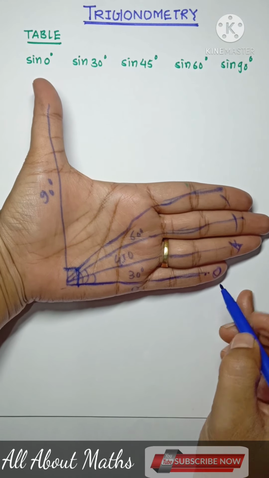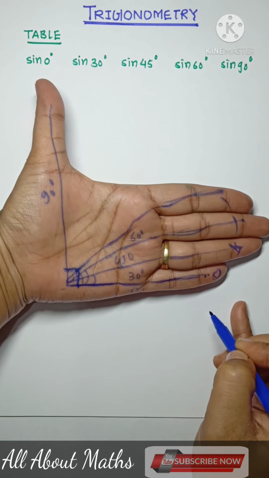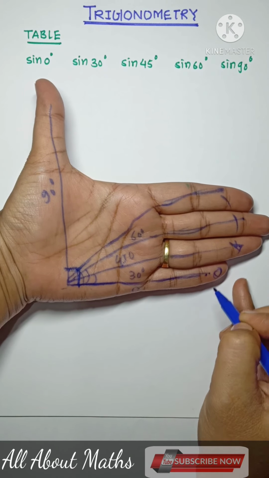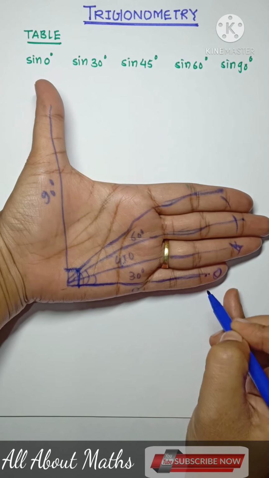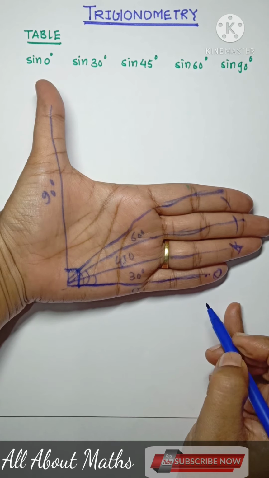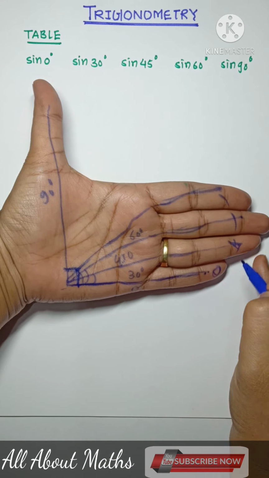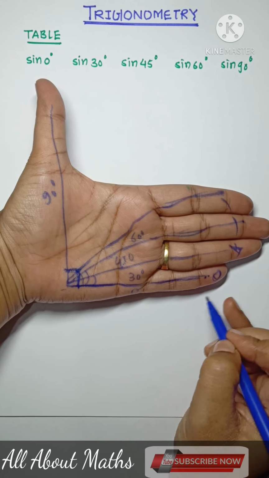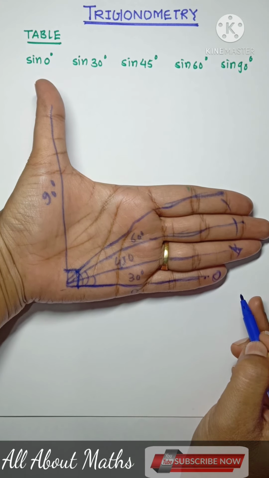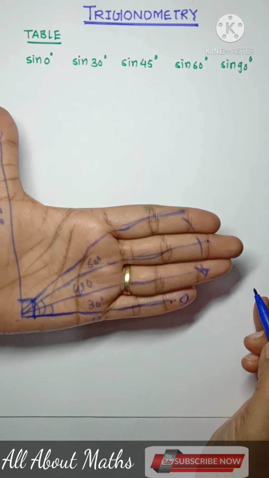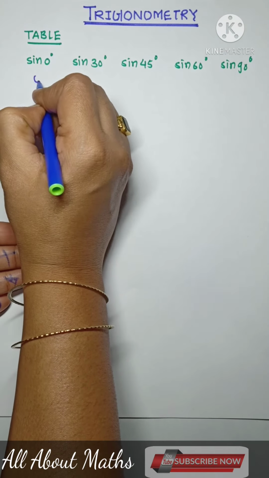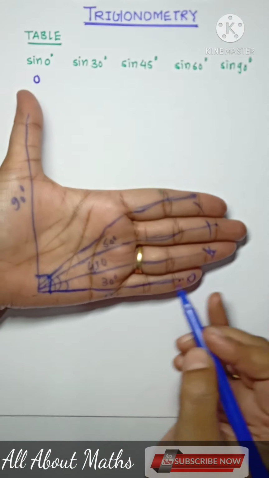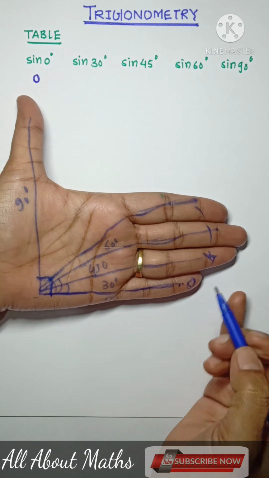How many fingers after that line, that we have to count. So this is our 0 line. In the clockwise direction, how many fingers are there? There is no finger, right? So we'll just put 0 over here. No finger means 0.